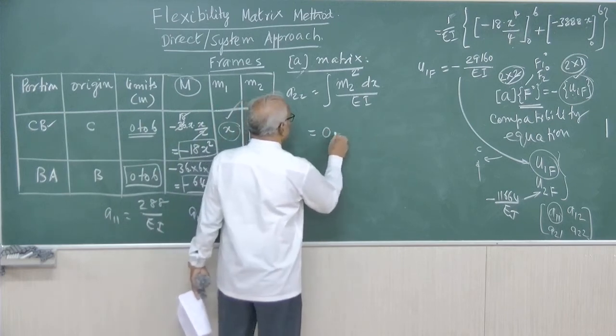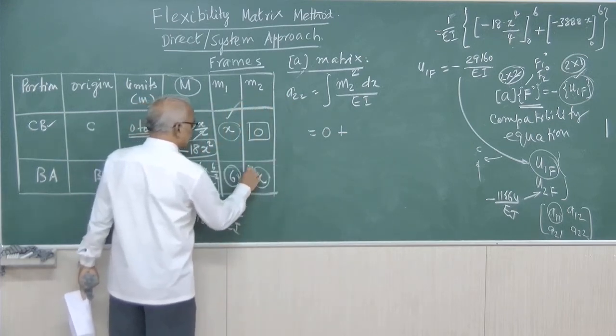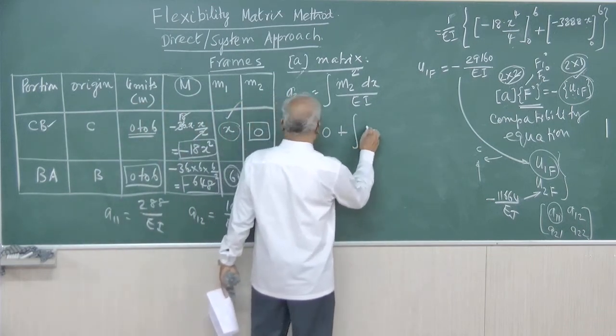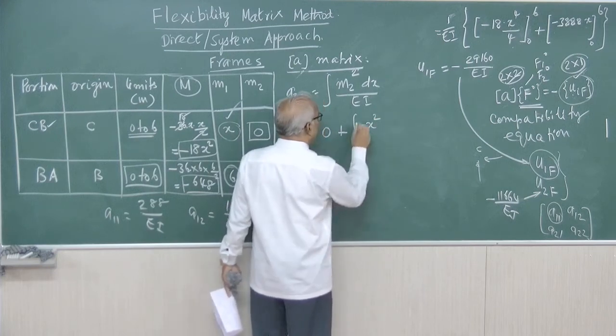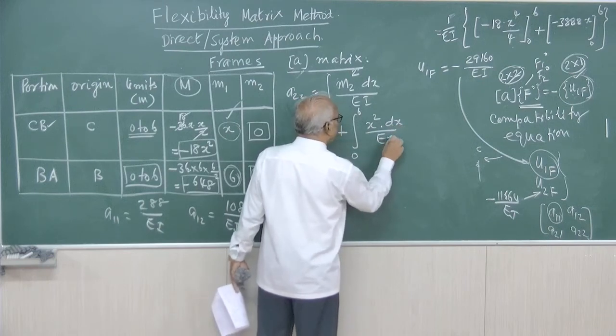First one it is 0 plus. For the second one, M2 is x. Therefore, M2 square will be x square. M2 into M2 is x square. Limits 0 to 6 into dx by EI. That's all.